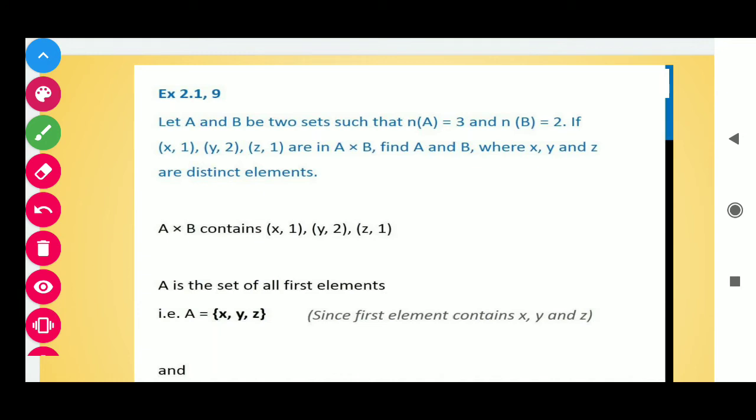Let A and B be two sets such that the number of elements in A is 3 and the number of elements in B is 2.